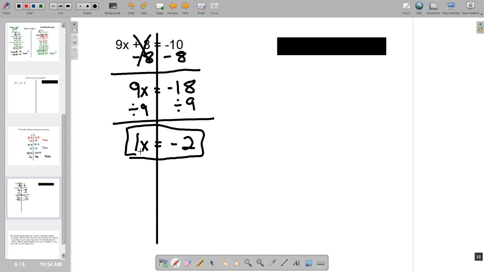And this should be a nice reminder of why we did function notation earlier in the year, because it is the same process that we're doing right now. We get negative 18 plus 8 is equal to negative 10. That is a true statement. Therefore, we have to have the correct answer.